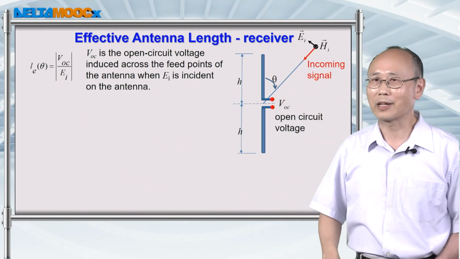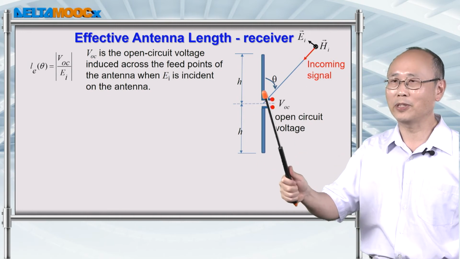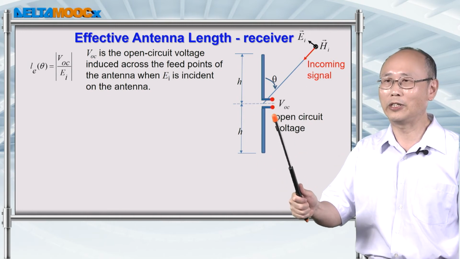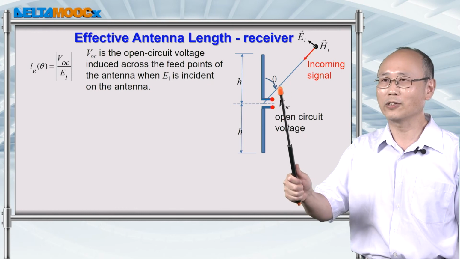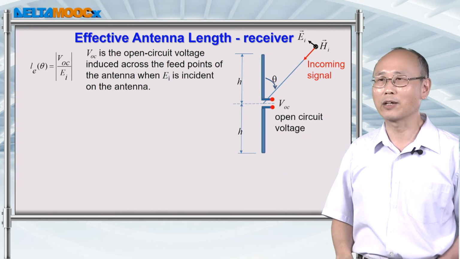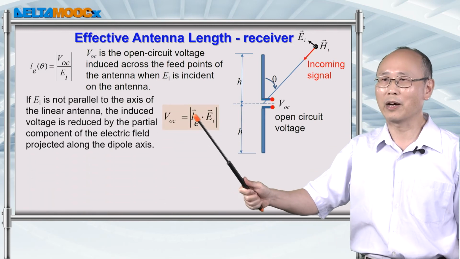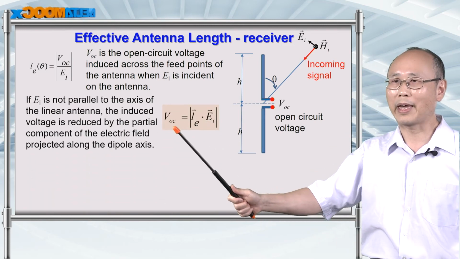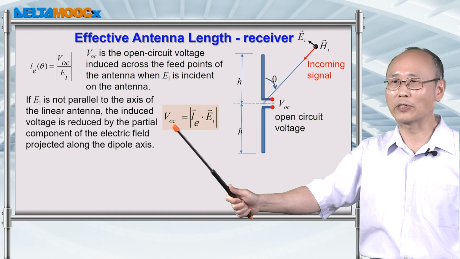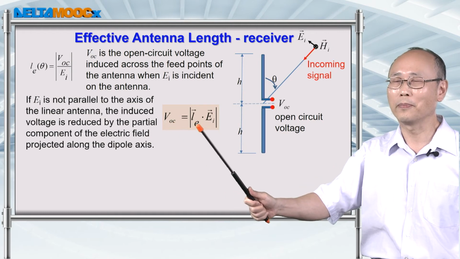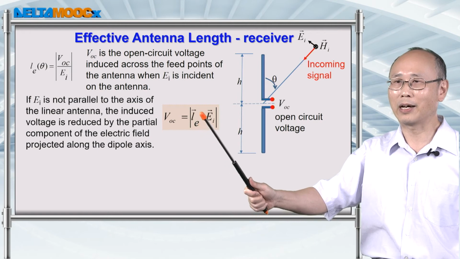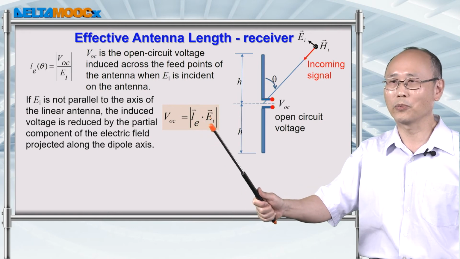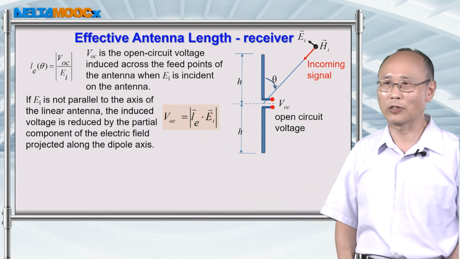And sometimes the amplitude of the electric field inducing this open circuit voltage is going to depend on the incident angle. So if you take into account the incident angle, then the induced open circuit voltage is going to be equal to the effective antenna length, given a direction, dot with the incident electric field.